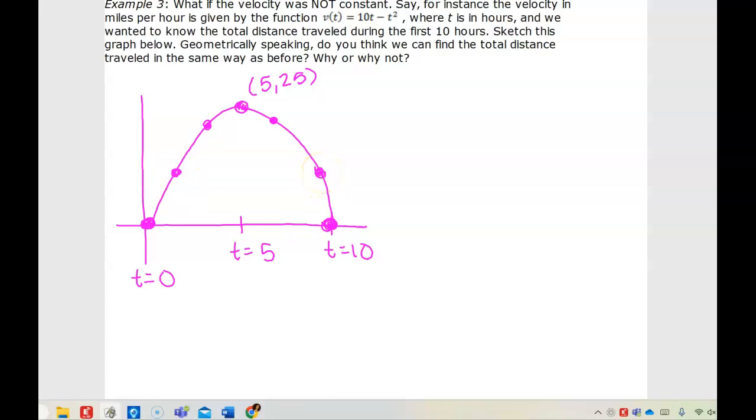Looking at this, that's not a perfect rectangle now. I can't find the area under the quadratic easily. Well, I could find the area under the quadratic using a rectangle, but if I were to do that, I would probably end up with a whole lot of blank, unaccounted for area, because that rectangle is no good.